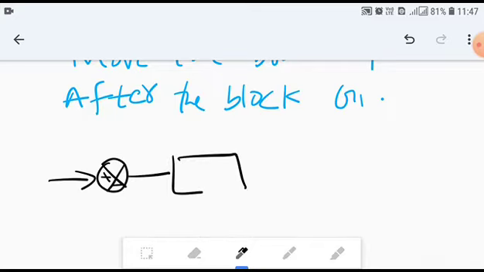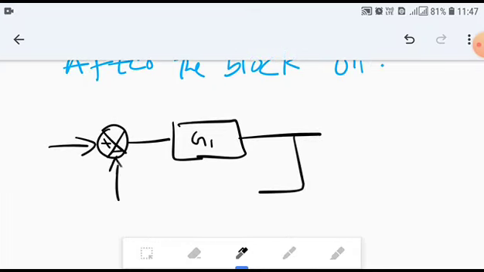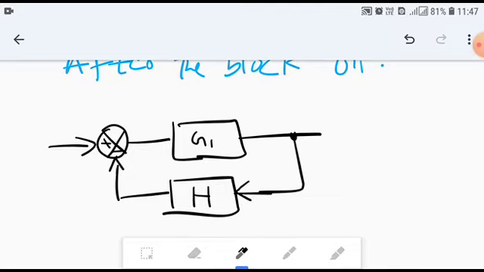So first of all we write this G1, which is already there, and here we have negative feedback because we have negative sign. This feedback is because it is coming from output towards input, like sequential circuits where we take output to input, same way towards input we are taking from the output.